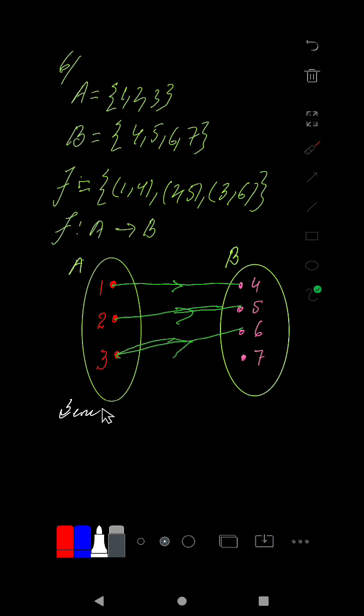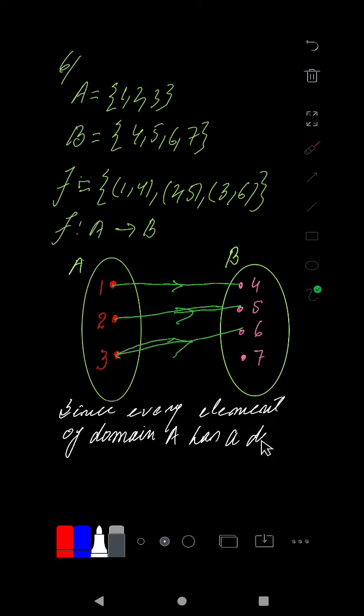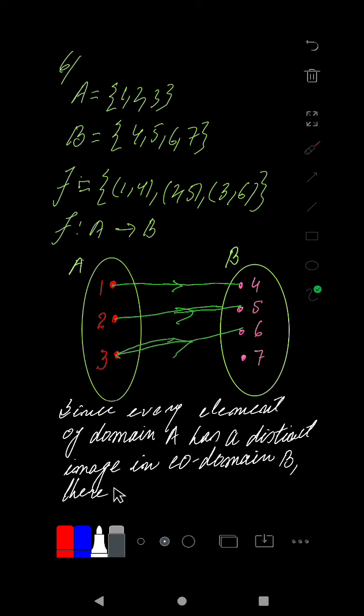Since every element of domain A has a distinct image in codomain B, therefore f is 1-1 function.